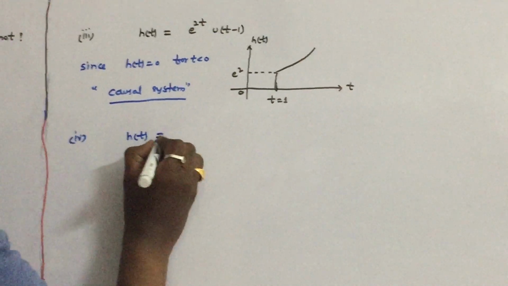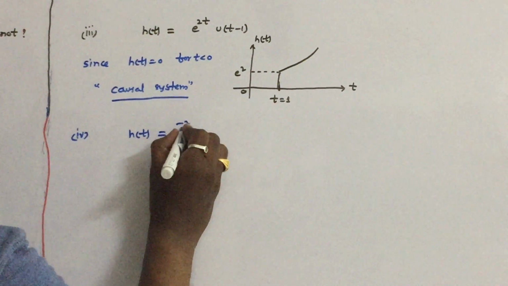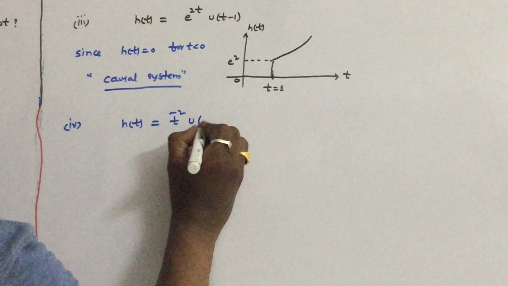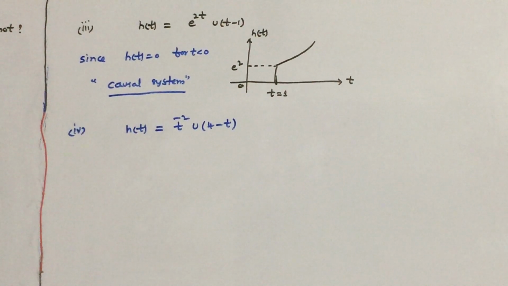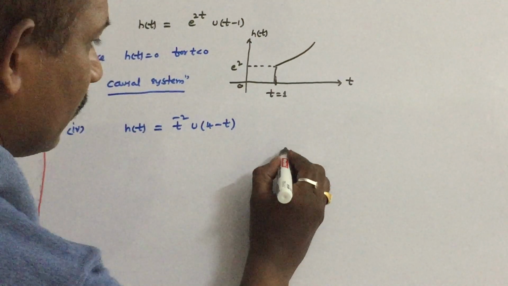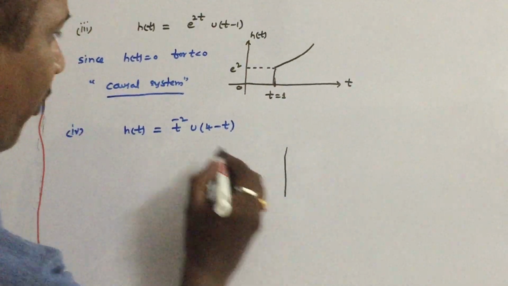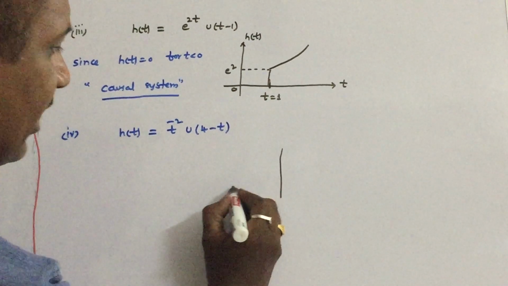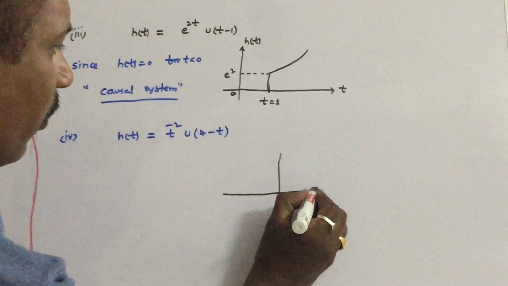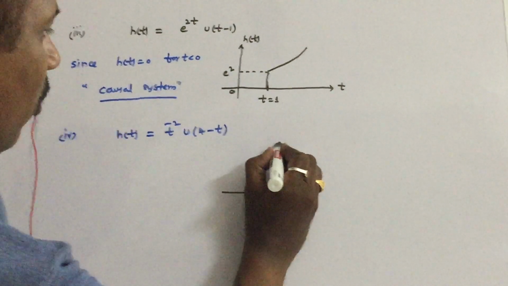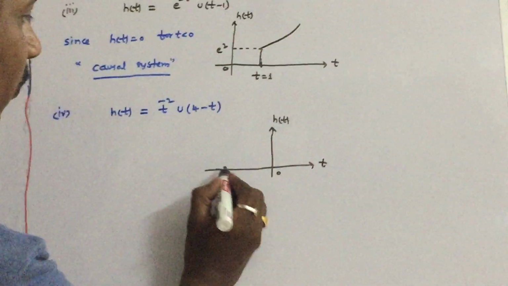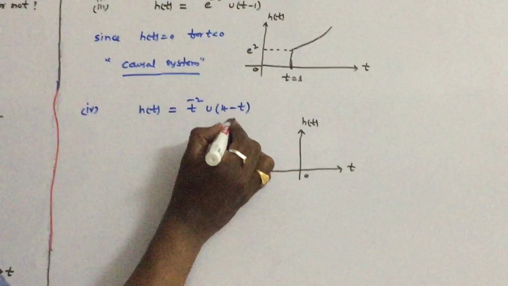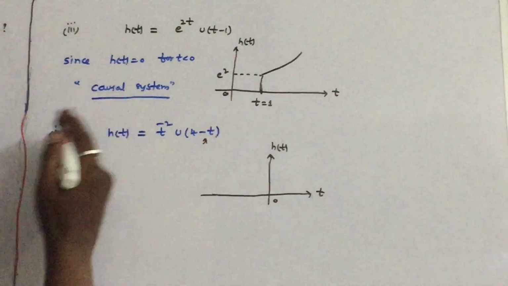H of t is given as t power minus 2 into u of 4 minus t. You can clearly notice that if you plot the graph, or you can directly say that the impulse response exists on the left side. This is h of t versus t. Because of minus t, this is a time reversed unit step.